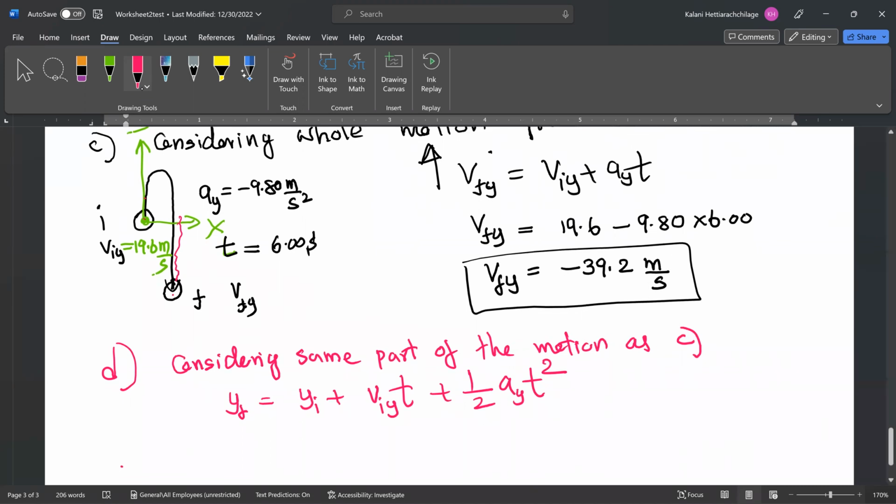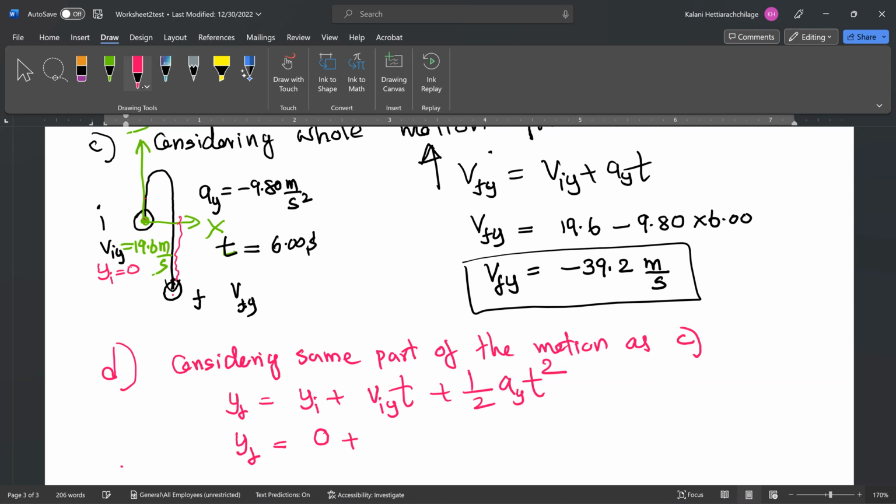Okay, so now we have to find the y final. Definitely y final equals y initial, this is where you start, so that will be your 0 position, right? And then V initial Y. Since it is a solvable formula, I have everything on the left side unknown and the right side known, so I'm going to plug it in, okay?